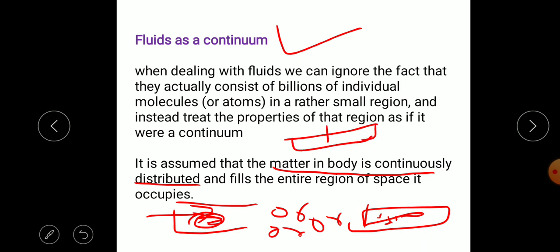So you can divide the fluid flow into a number of cross sections and find the properties of that region. Continuum means we are assuming there is no empty space in the fluid flow. So we can consider the properties as a whole for that fluid.